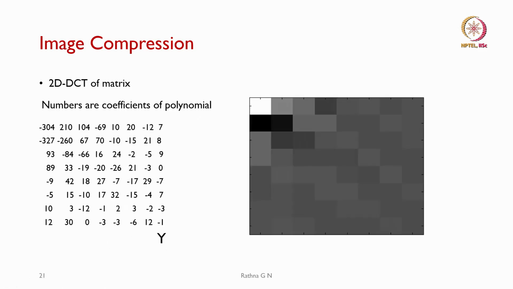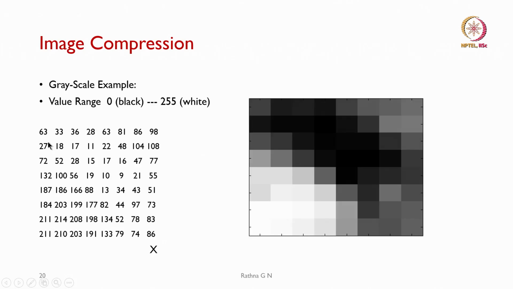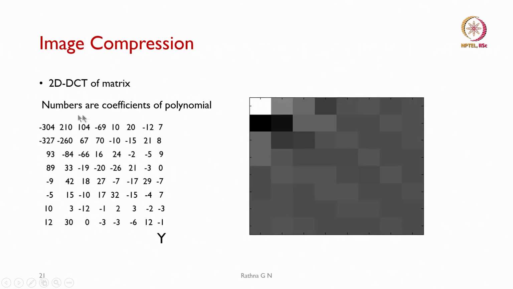Now we will do the 2D DCT of the matrix. The numbers are coefficients of a polynomial, and after doing the 2D DCT for this x value we will get y. These are the values represented.